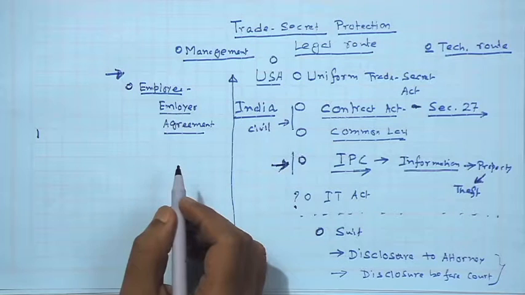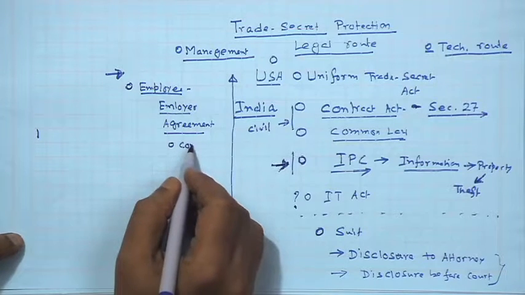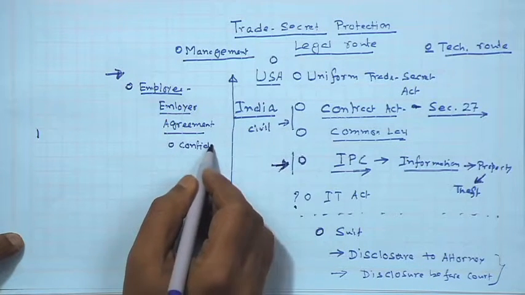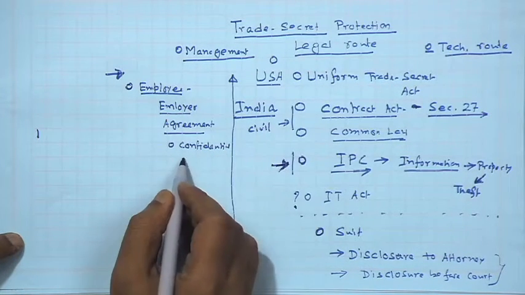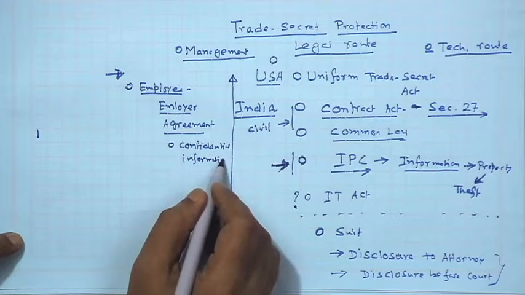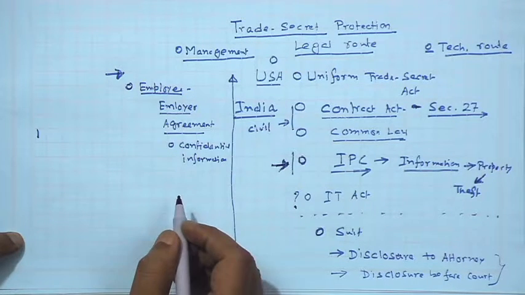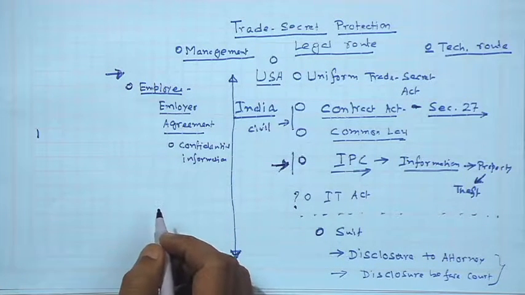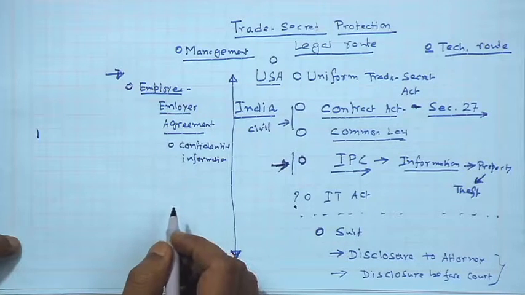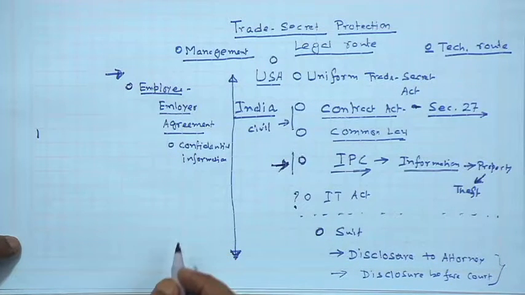In that agreement, they try to create a clause for confidential information, what is confidential information, and related provisions in the employee-employer contract.